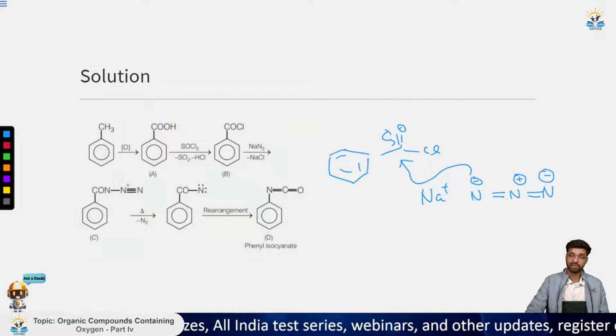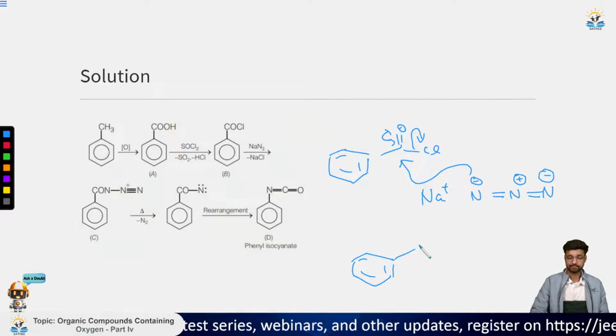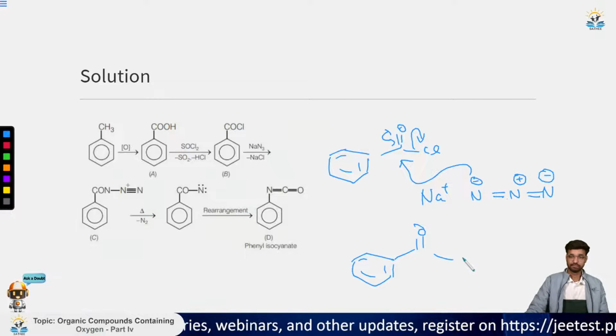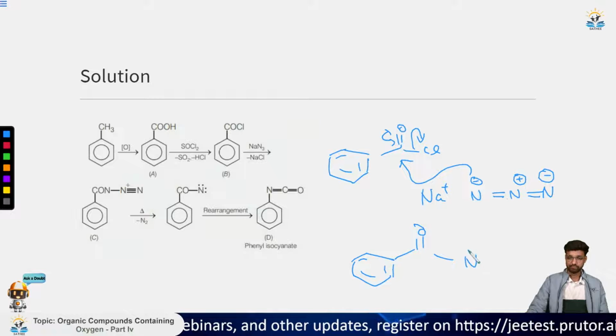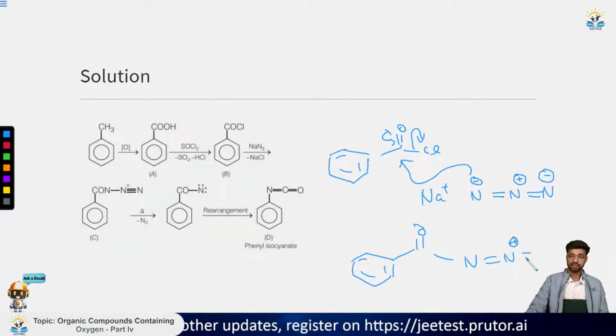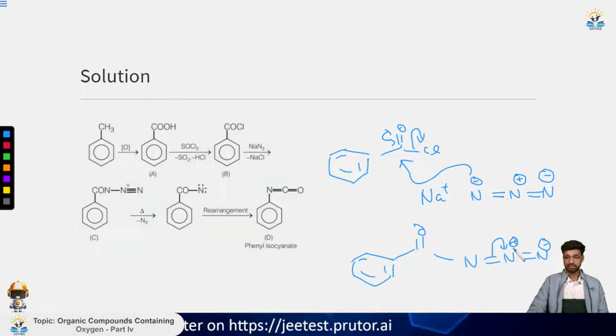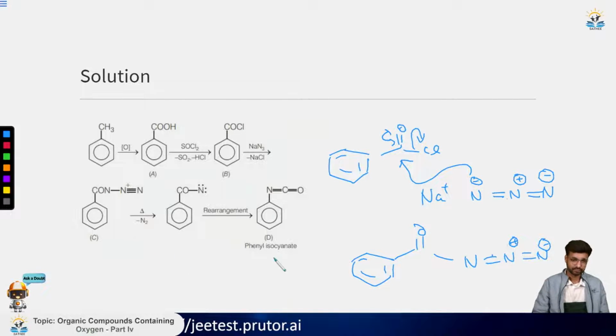This will move up, resonate back, and kick out this Cl, giving N plus and N minus. If you want, you can do it like this and you can get this one.